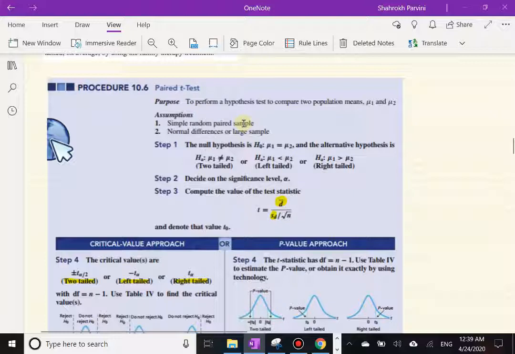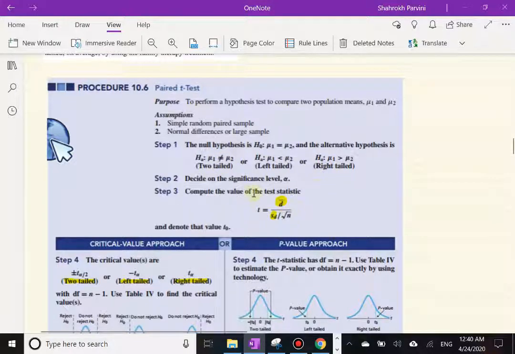Remember that one? Because we in effect reduce the two samples seemingly into one sample, which is made up of differences. And then the differences follow a normal distribution, or the sample size, the number of pairs, would be at least 30. We have our alternative hypotheses, the usual two-tail, left-tail, right-tail test.